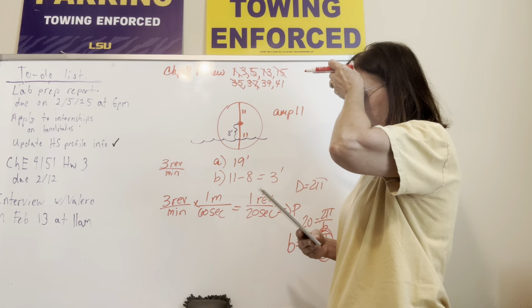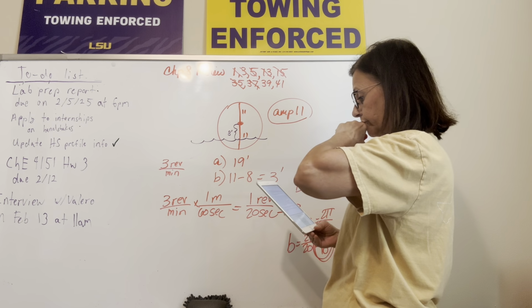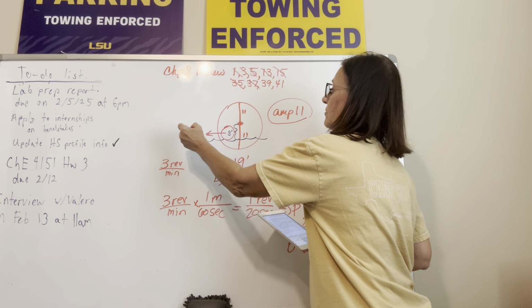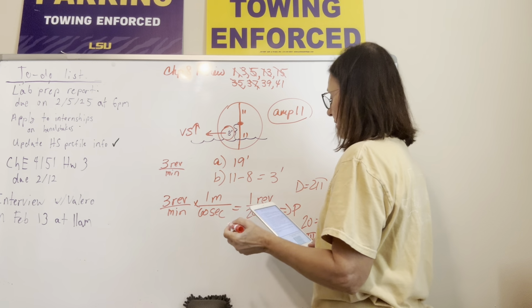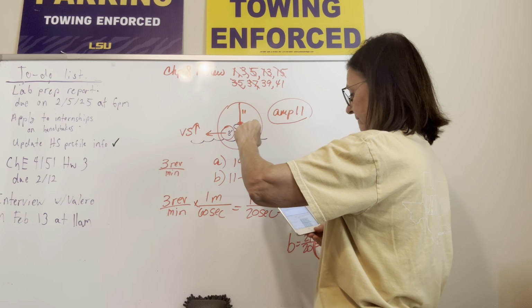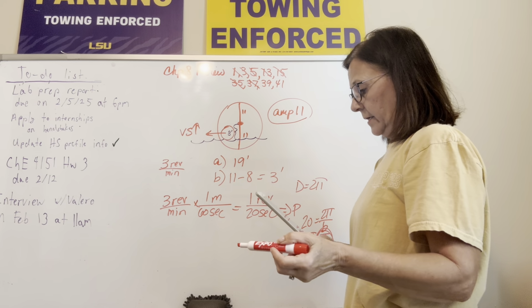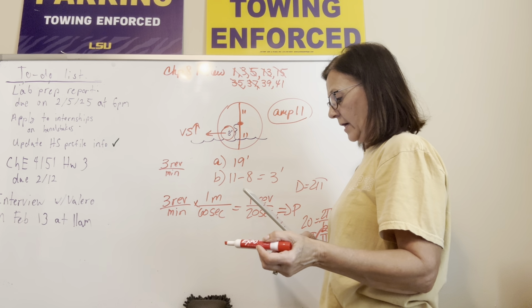Now it wants us to write a cosine function. I have the amplitude. This is a vertical shift up by 8 feet. So assume the center of the wheel is at the origin. On the edge of the paddle wheel is at 0.19.